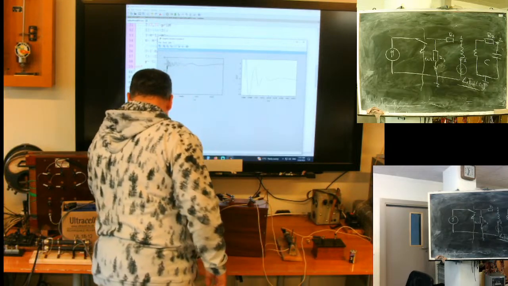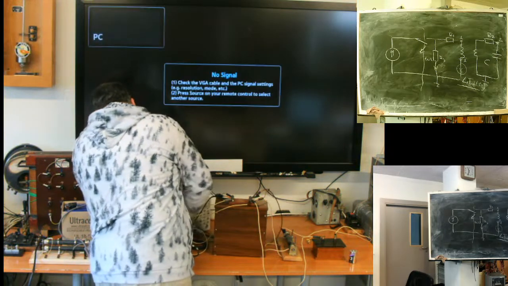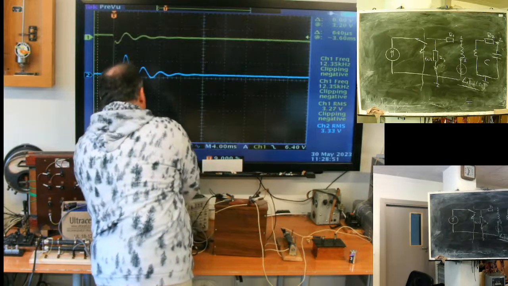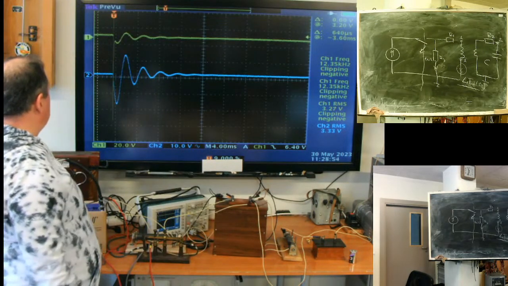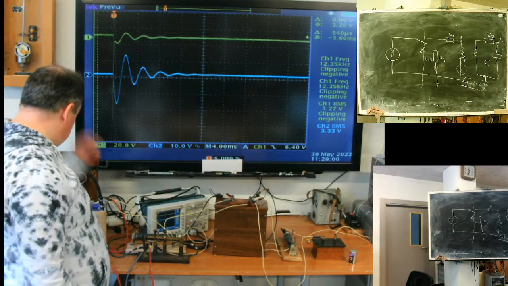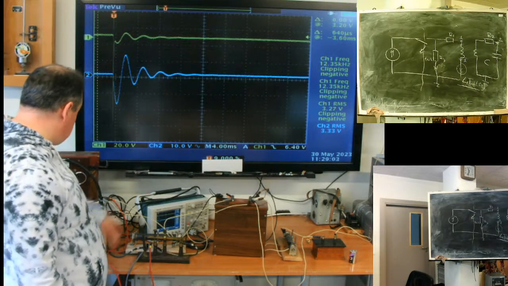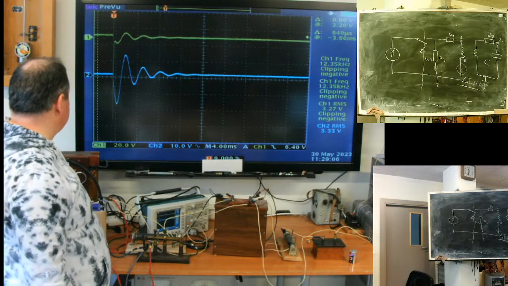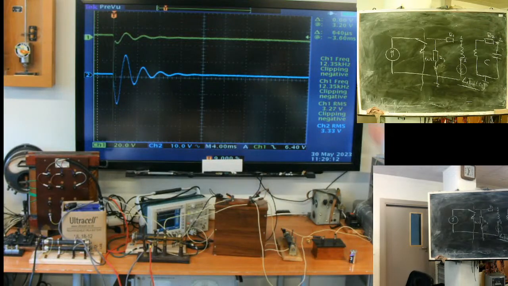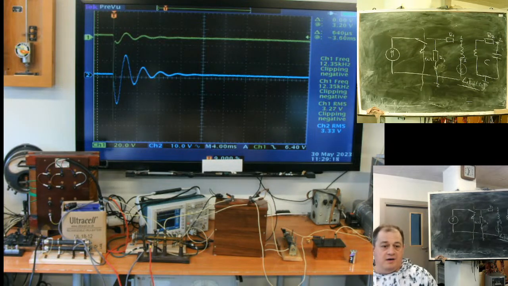And reality. I have a big difference. I'm not accounting for capacitance at the primary side, and my switch is not ideal. This computation is not ideal, but you can see it's quite close.